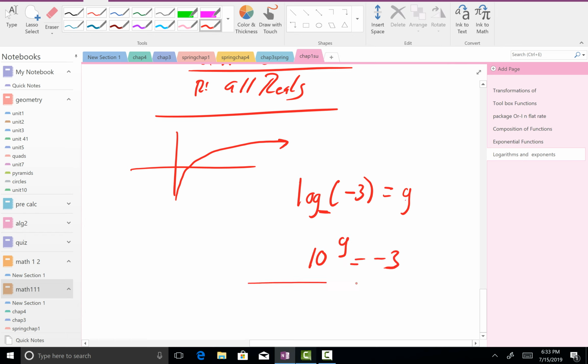So can I take 10 and raise it to some power and get a -3? Can we do that? Is there anything you can think of that you can take this number? Good. You get negative. It's 10. So that's why it doesn't work. Okay.